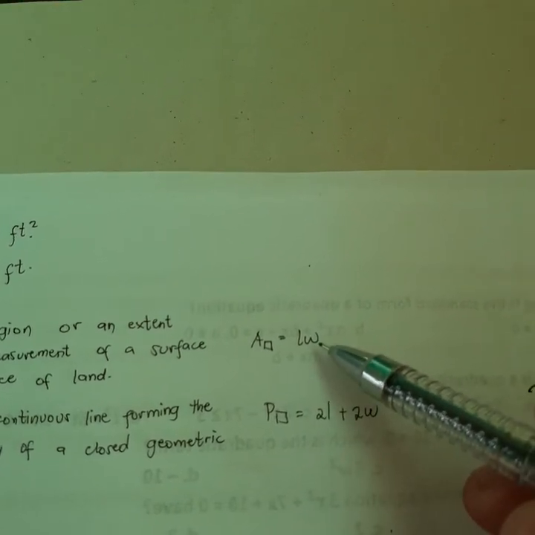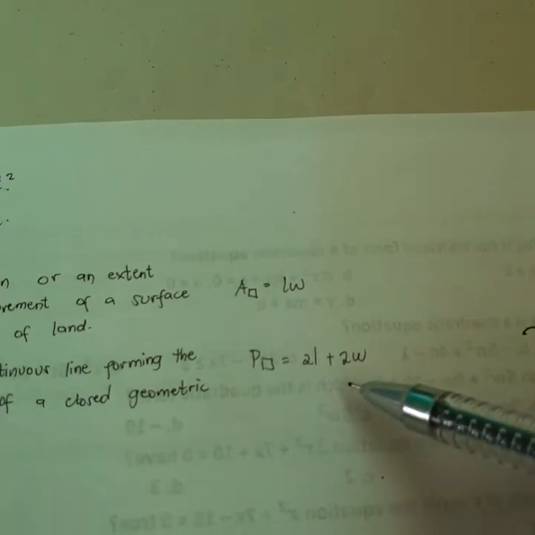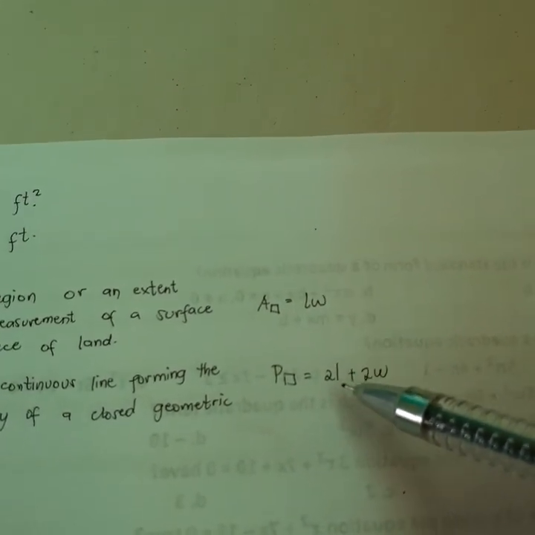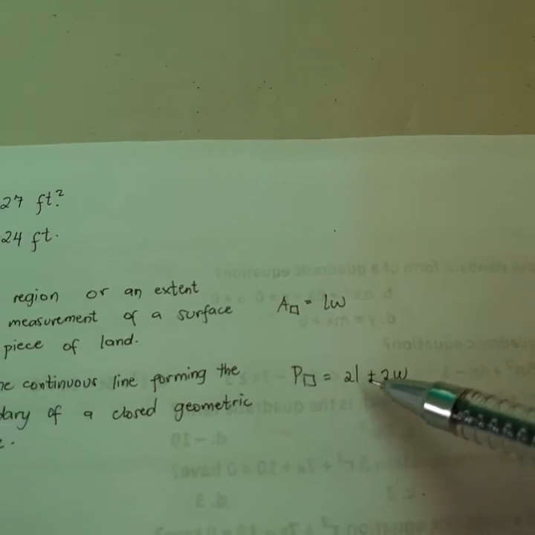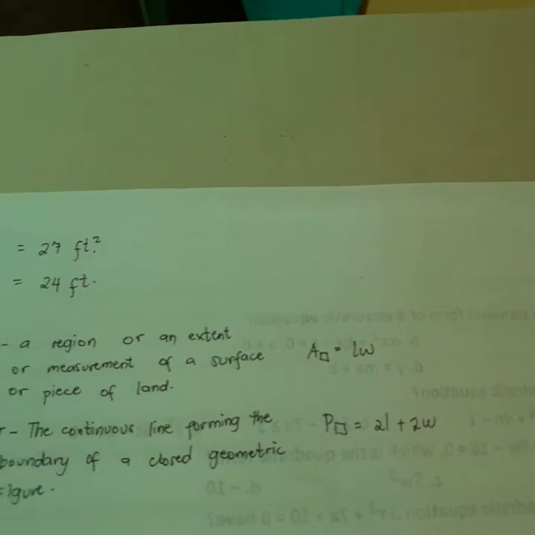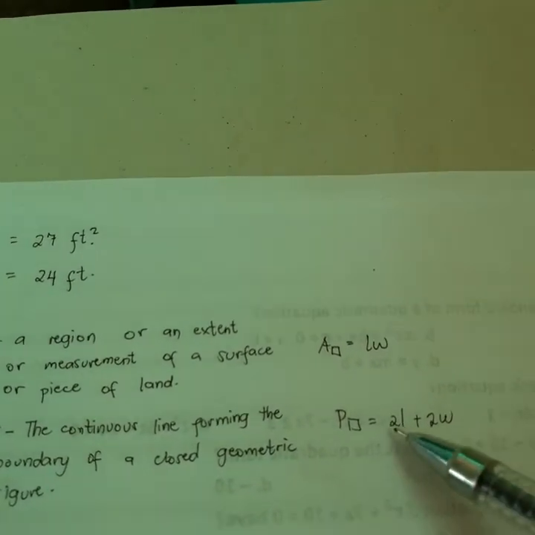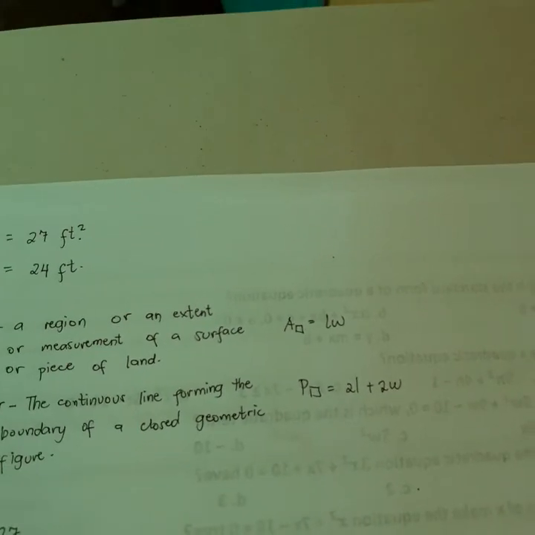Length, width. How about the perimeter? We have perimeter is equal to 2L plus 2W, or 2 length plus 2 width. Nganong 2L, 2W? Since 2L is duha ka length. We can see 3 and the other one 3.